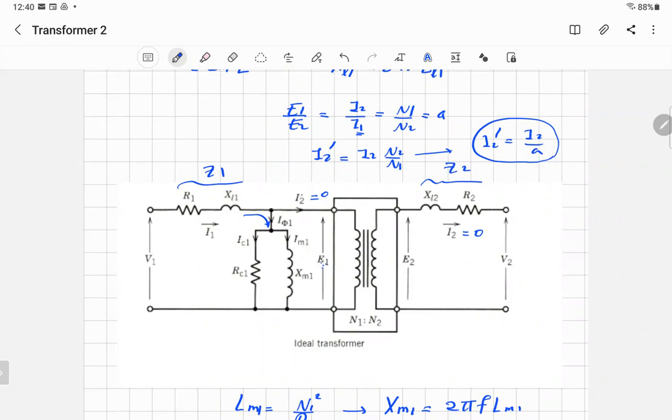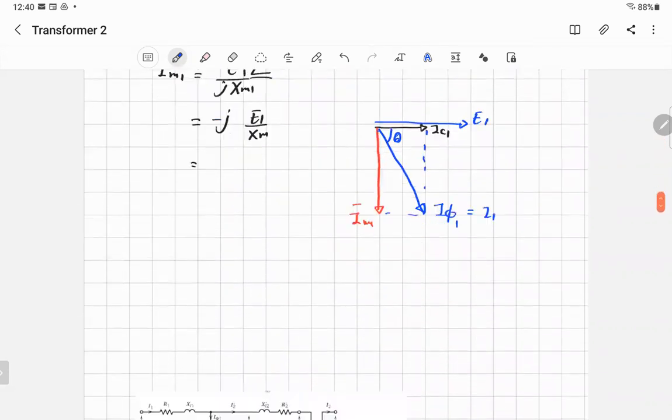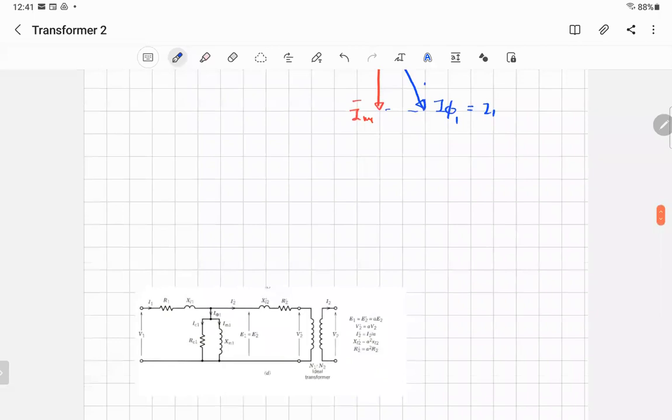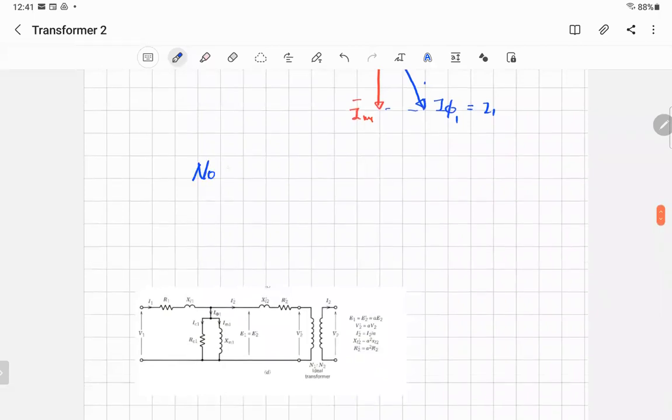So to do that in a transformer, you have two tests. One test is called the no load test, but sometimes they call it the open circuit test.